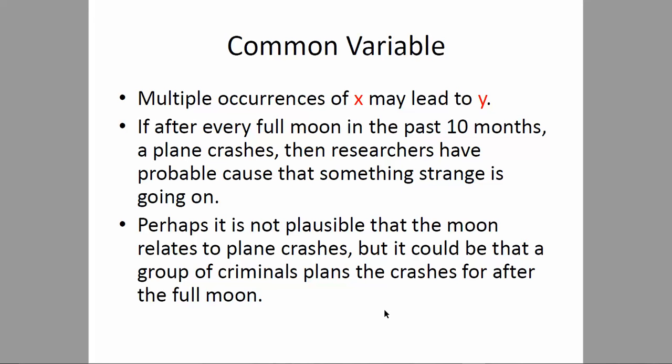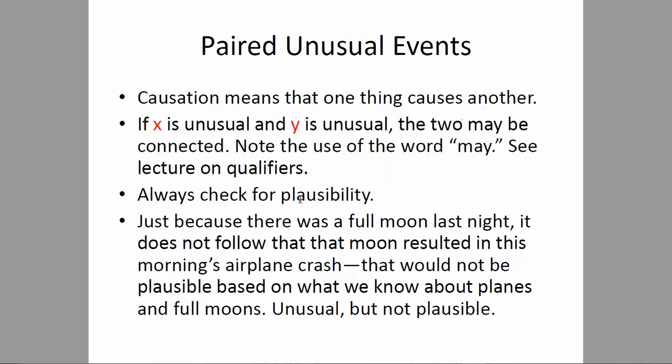Multiple occurrences of X may lead to Y, right? So I kind of came up with a scenario. There was a full moon last night. It doesn't mean that the moon had anything to do with the plane crash this morning, right? It's not plausible based on what we know about planes and full moons, right? Could happen, but it seems unlikely.